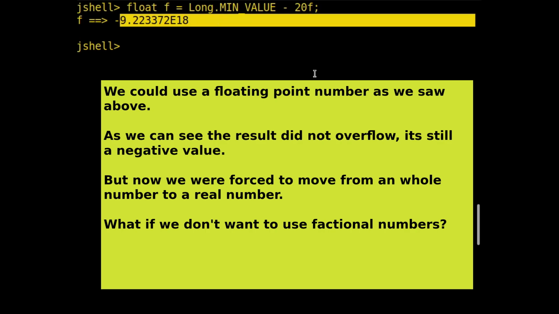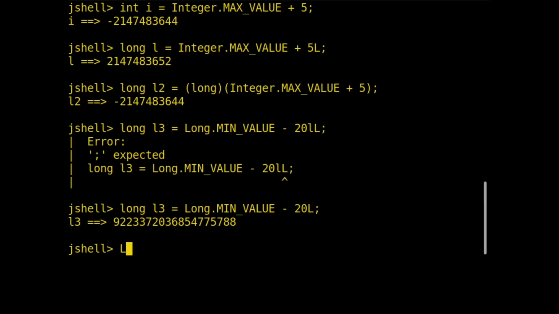Okay, but now what if we don't want to use floating point numbers? We want to stay with integers, in other words no decimal places. Well, Java's got you covered in that as well, and we'll do it in the next example.